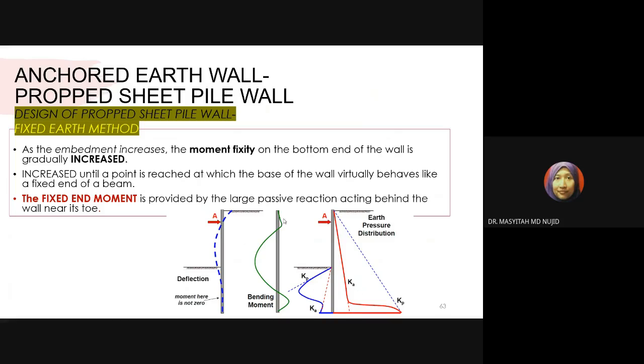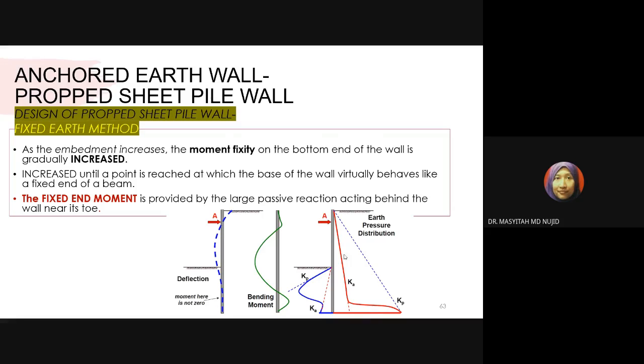As the embedment increases, the moment fixity at the bottom end of the wall gradually increases until a point is reached at which the base of the wall virtually behaves like the fixed end of a beam. The fixed end moment is provided by the large passive reaction acting behind the wall near its toe. This is what it says: the fixed end moment is provided by the large passive reactions acting behind the wall near its toe.